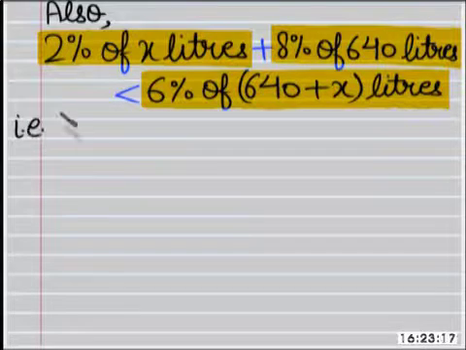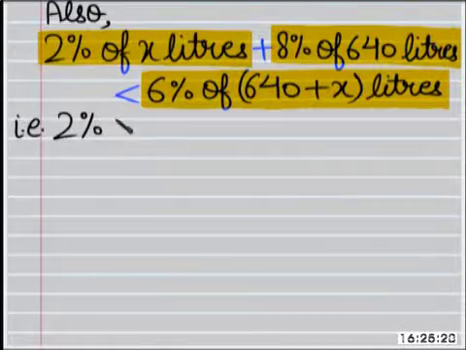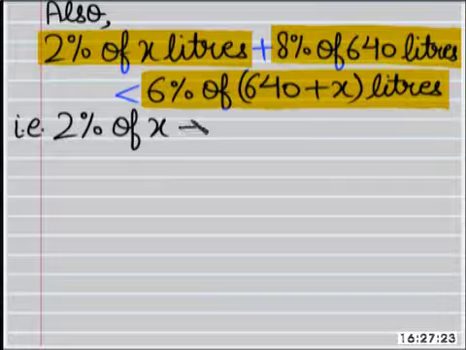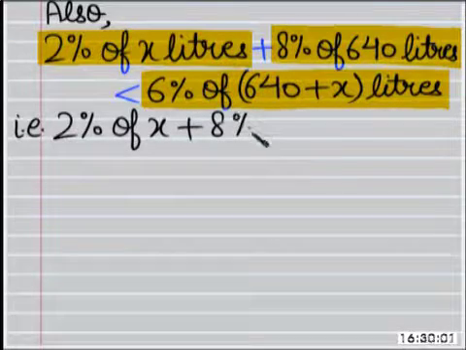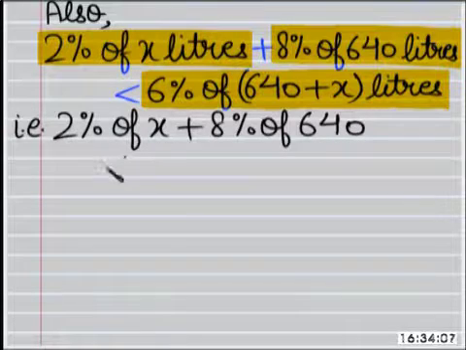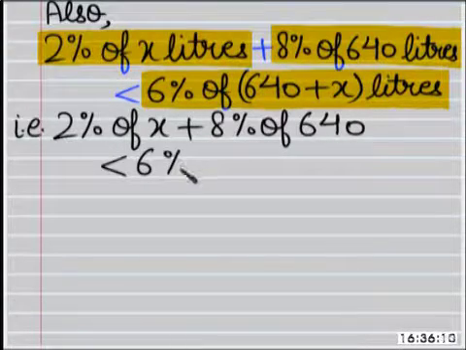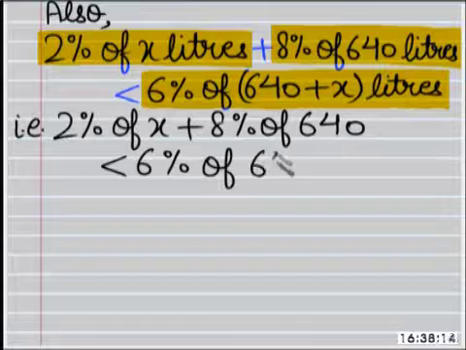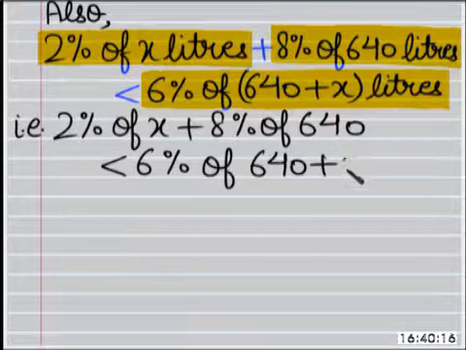That is, 2% of x plus 8% of 640 is less than 6% of 640 plus x.